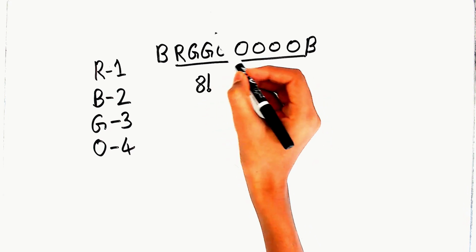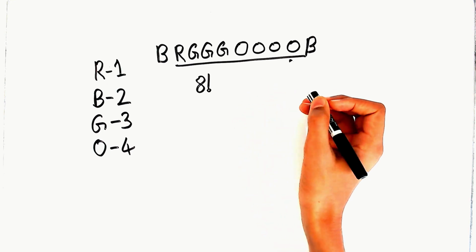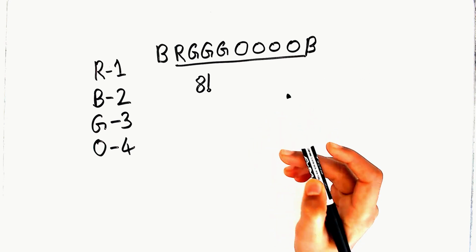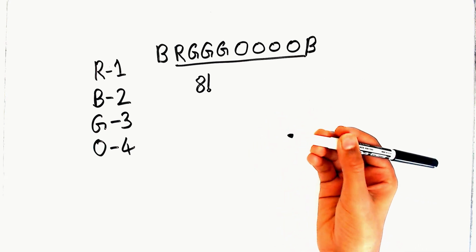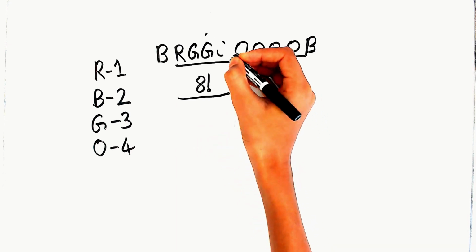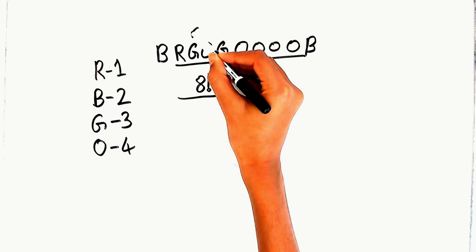But if you guys look here, we actually have 3 G's and 4 O's. So if we have it like that, and we find the arrangements, some of them might be duplicates. So we do 8 factorial divided by, and now there's only 1 red, so we don't need to do anything.